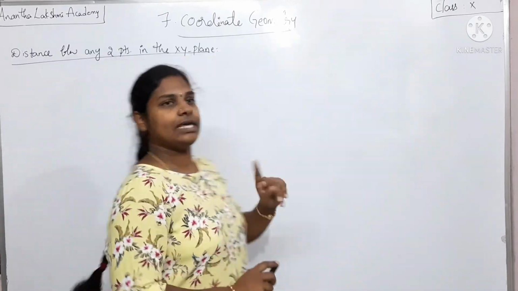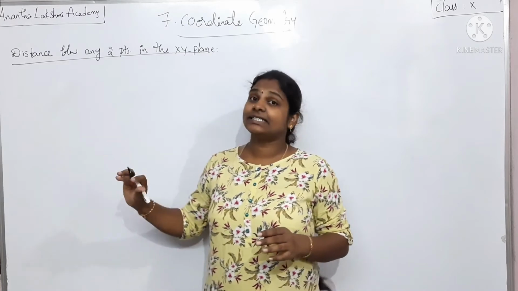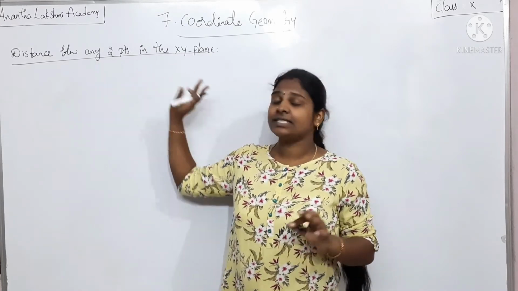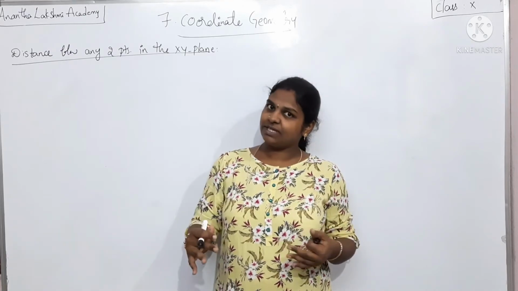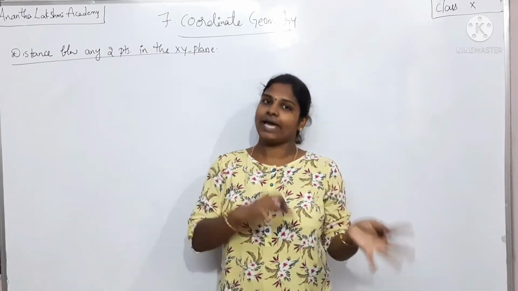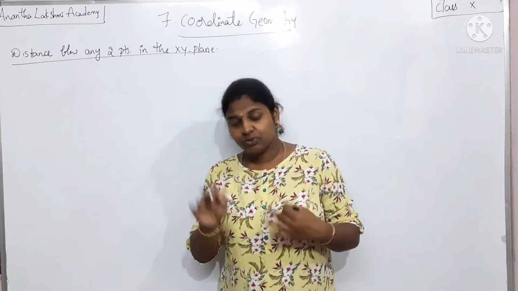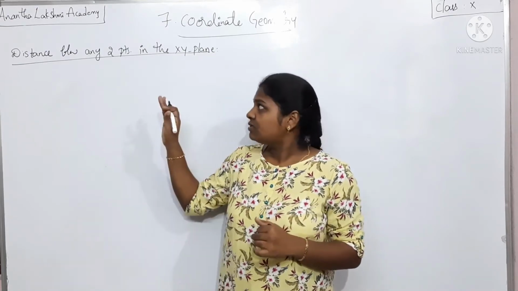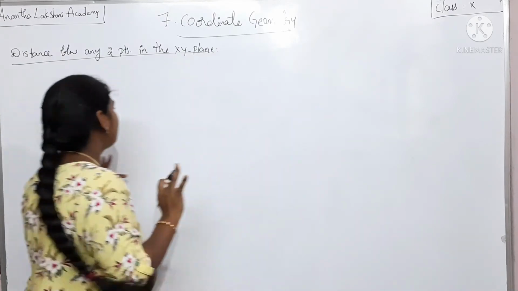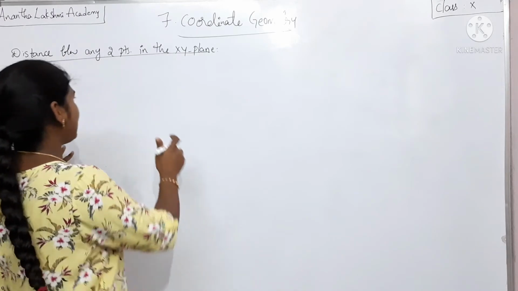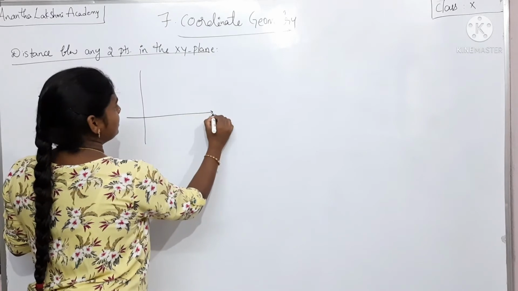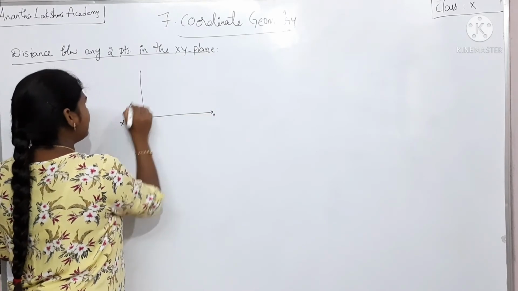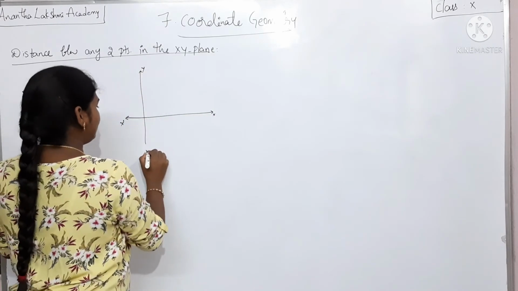Alright, so here we are going to discuss the distance between any 2 points in the xy plane. So far we have discussed the distance between the points on the x-axis and on the y-axis and on a line parallel to the x-axis. So now here the line is nowhere parallel or on the x or y-axis. It is somewhere in the xy plane. Alright, x, x dash, y, y dash.